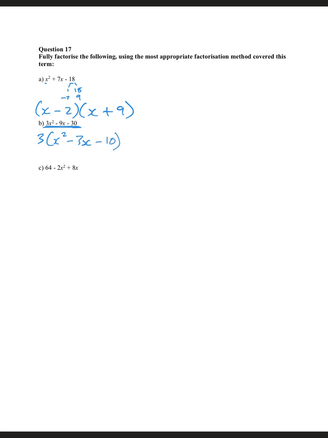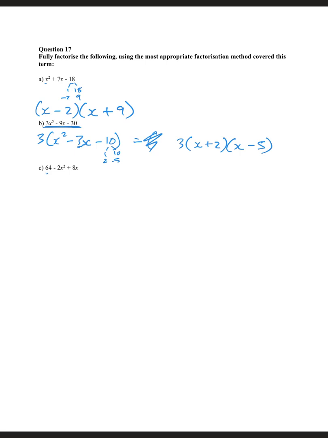Negative 10. Now I can factorize this in the brackets. 1 and 10 will never get me 3, but 2 and 5 will. I could go 2, take 5, so that's going to factorize to, and I don't want to forget about the 3, so 3 out the front, x plus 2, x take 5.